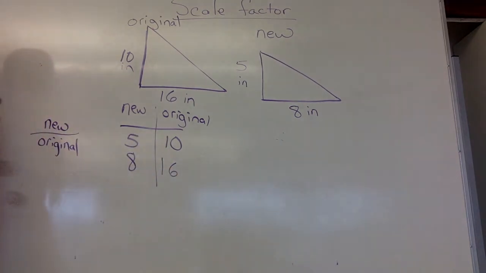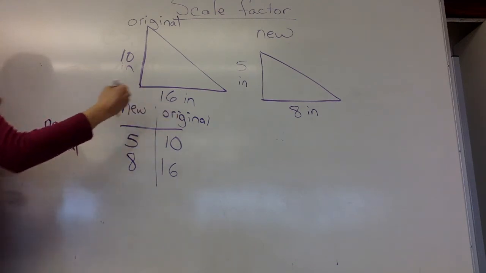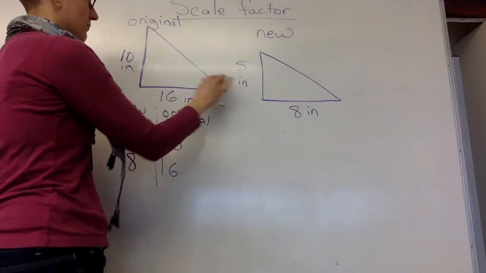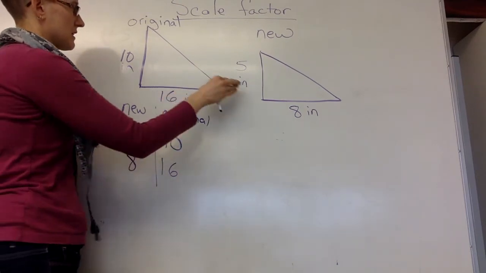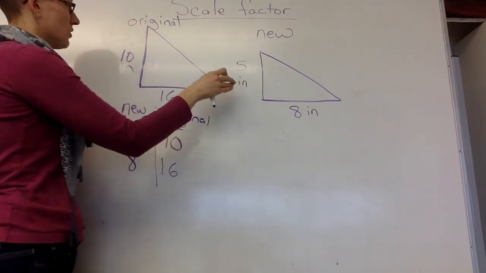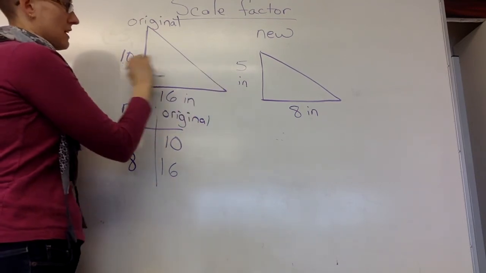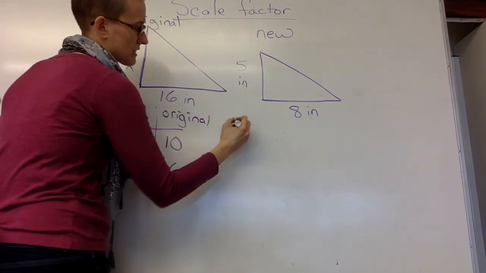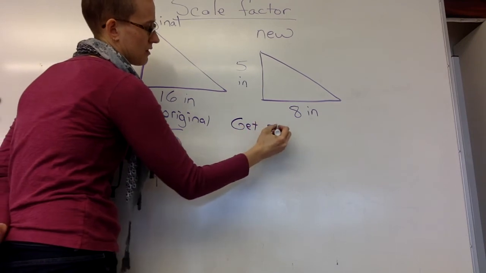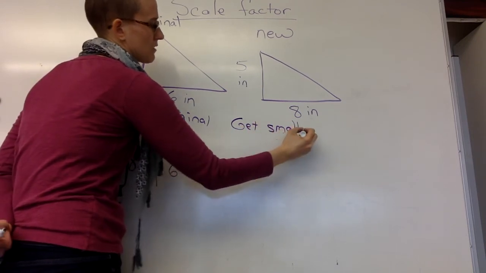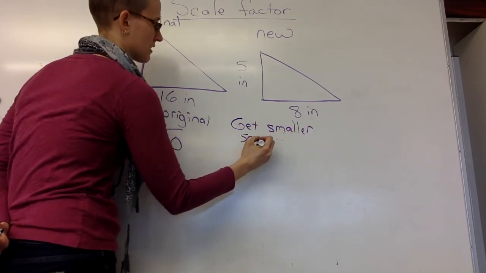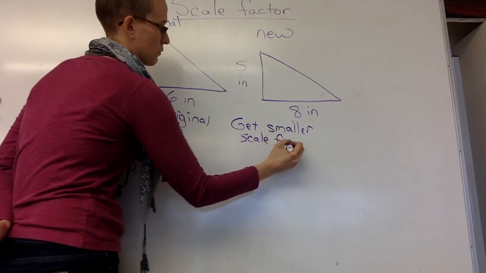So I'm looking at what I am multiplying my original by to get my new. Okay? So if I'm looking at it like this, from my original to my new, I'm actually decreasing size, right? So when I'm getting smaller, I'm going to have a scale factor that is less than 1.